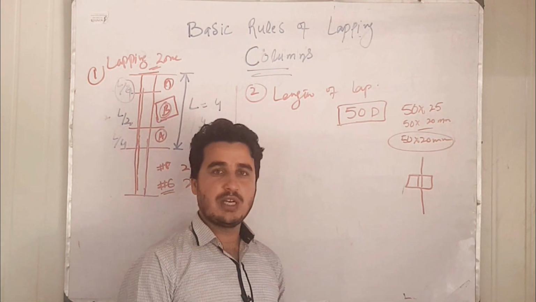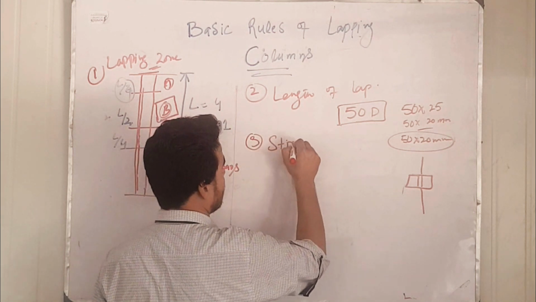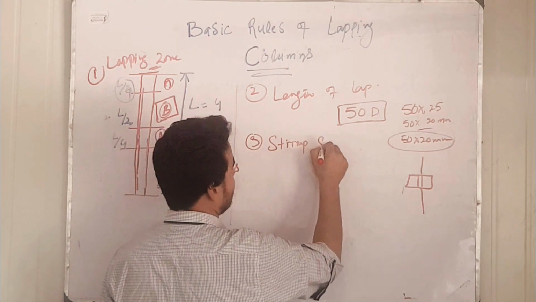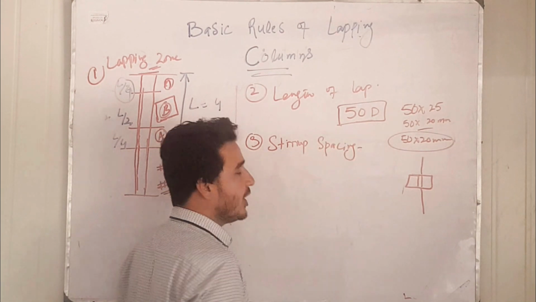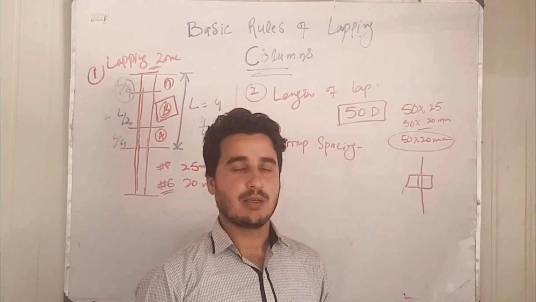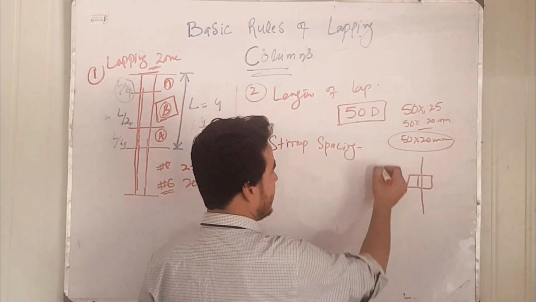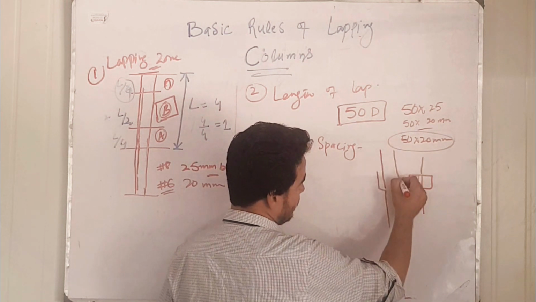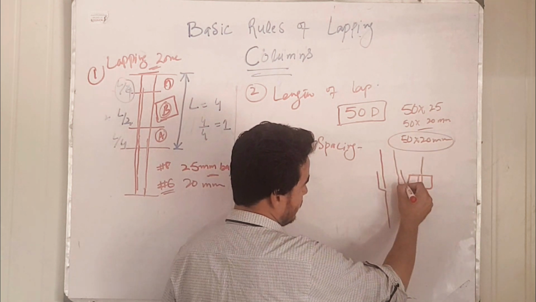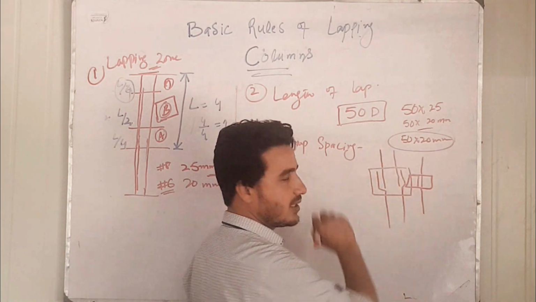Rule number 3 is the stirrup spacing. Okay, now what will be the stirrup spacing? If you just imagine that a bar is coming from this side, this is a broken part of the column.